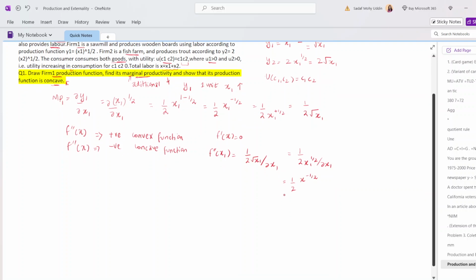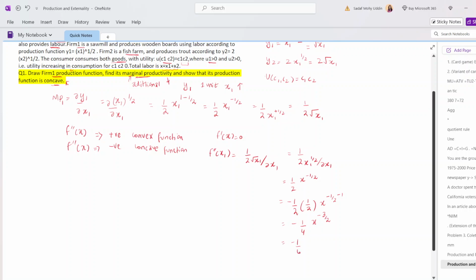First bring minus 1 over 2 outside in multiplicative form, there is already 1 over 2 over here. We'll multiply together, it will be minus 1 over 4, and the power here will be minus 3 over 2.